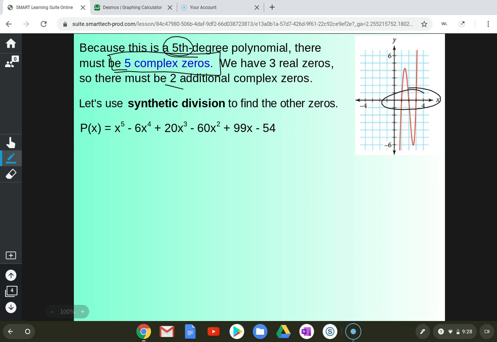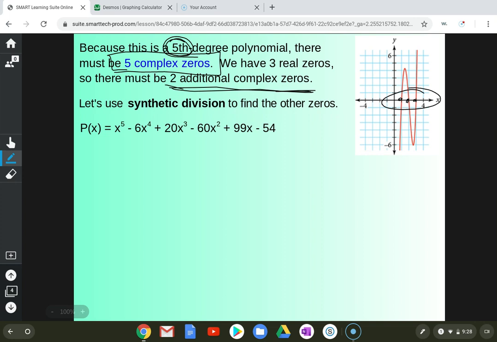Well, only the real zeros will show up on the graph, as x-intercepts. So if we have 1, 2, 3 x-intercepts on our graph, but we have a fifth degree polynomial, that means that there have to be 2 imaginary zeros. So 2 additional complex zeros that have an imaginary component must be a part of this function.